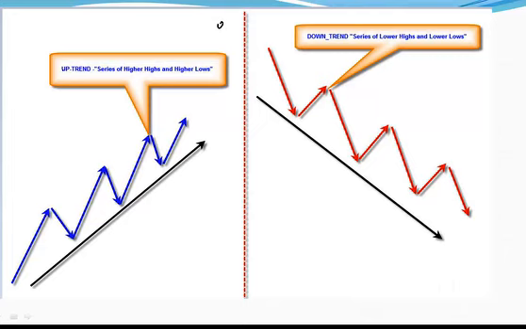All right, what is a trend? Most important, bottom line foundation of technical analysis: what is a trend? A trend, basically, as it says here, an uptrend is a series of higher highs and higher lows. What does that mean?